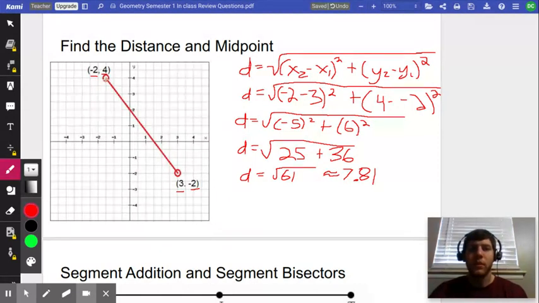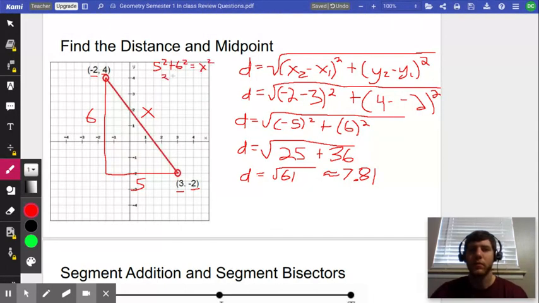Okay, the other way you could do it here is you could use the Pythagorean theorem if that's easier for you. The distance here is 5. The distance here is 6. If you make this x, then you could do 5 squared plus 6 squared equals x squared.